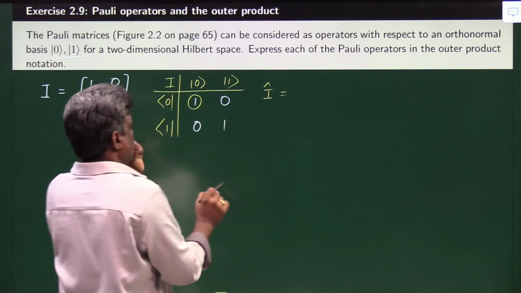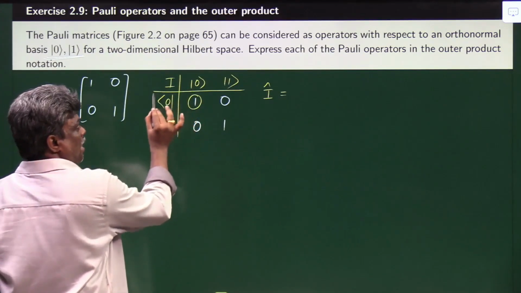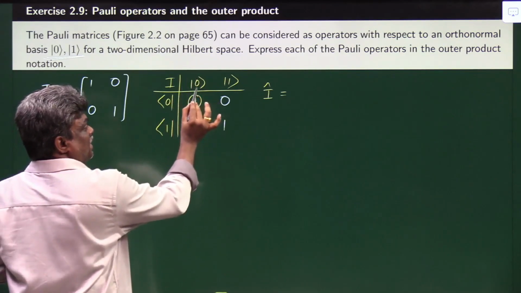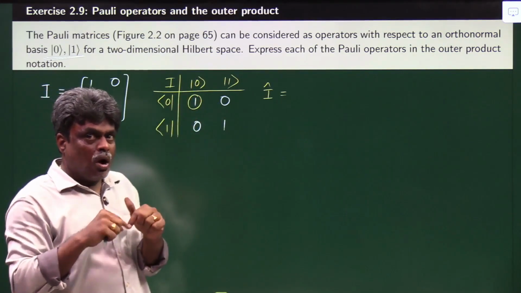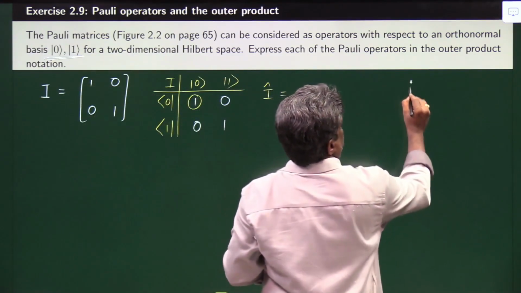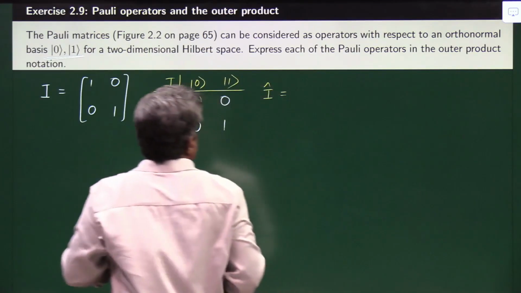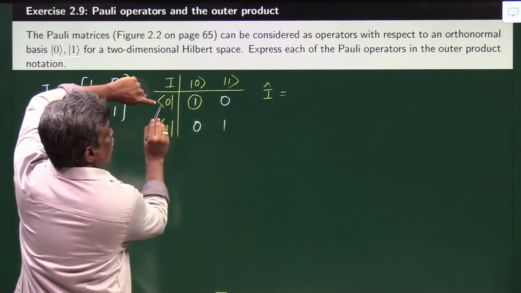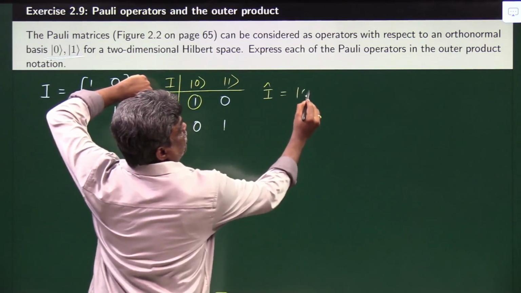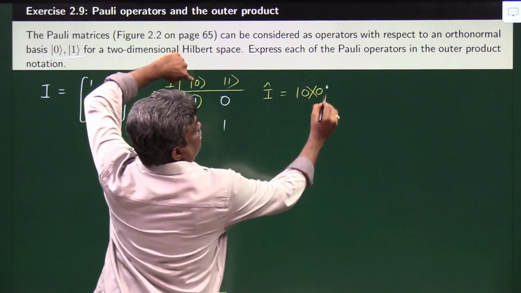It's very simple. You just see this. Corresponding to 1, here you have bra vector 0 and ket vector 0. So outer product means ket into bra. I repeat, outer product means ket into bra. So just make this bra vector a ket vector and this ket vector a bra vector.